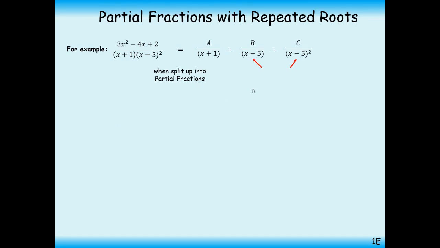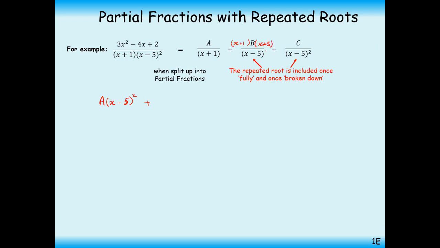So we said that the factor of x minus 5 squared is missing from A. So we will write the numerator as A multiplied by x minus 5 squared. The numerator of B already has a factor of x minus 5, so the factors missing from B are x plus 1 and a single x minus 5.